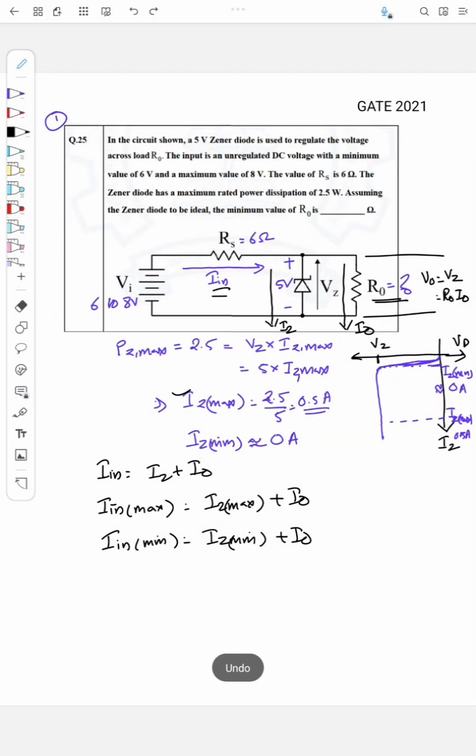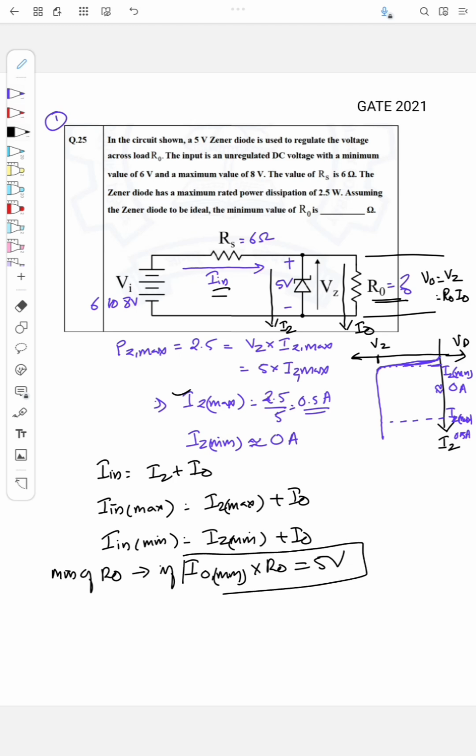So the question is to find the minimum value of R0. So what is the minimum value of R0 which we can design here and connect it, so that even if R0 is minimum, I will get the Vz to be 5. Which means if I have minimum current I0 min flowing through R0, then I0 min into R0 should be equal to 5, right?